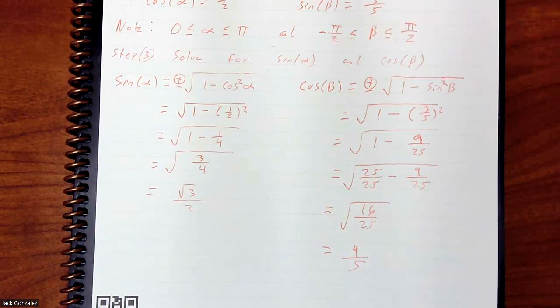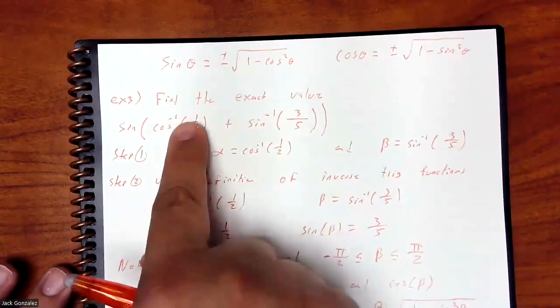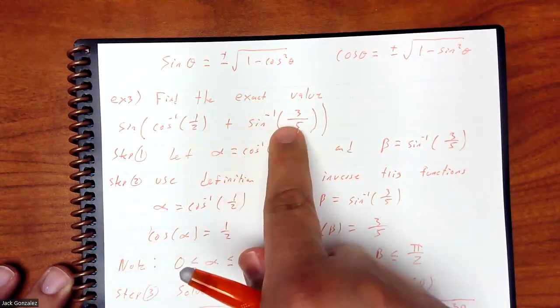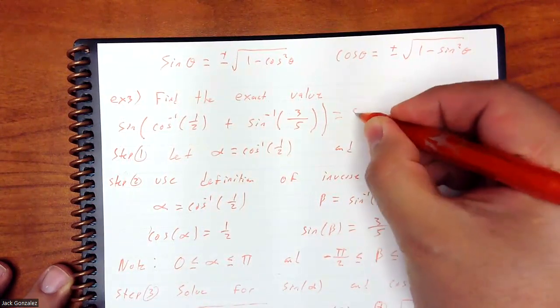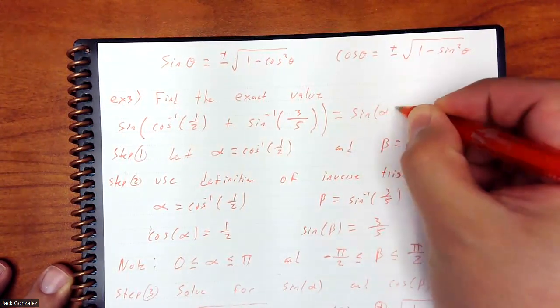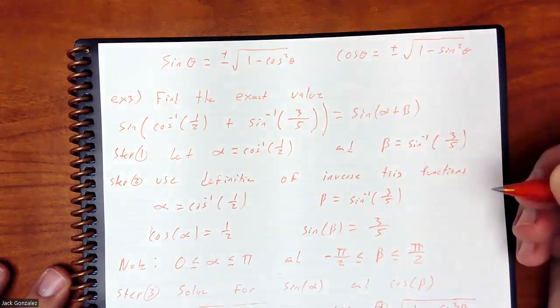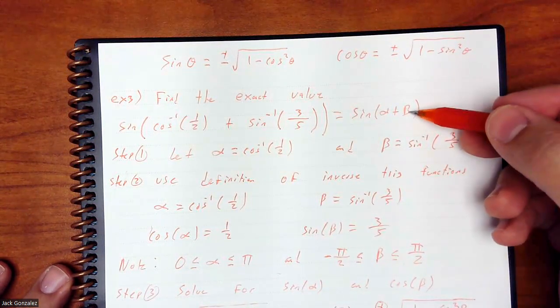Do you see why we're doing this though? I mean, we're doing a lot of stuff, but do you see why we need to? Please note that this is alpha and beta, right? What they're really asking is, what is sine of alpha plus beta? So you would apply the formula to this.